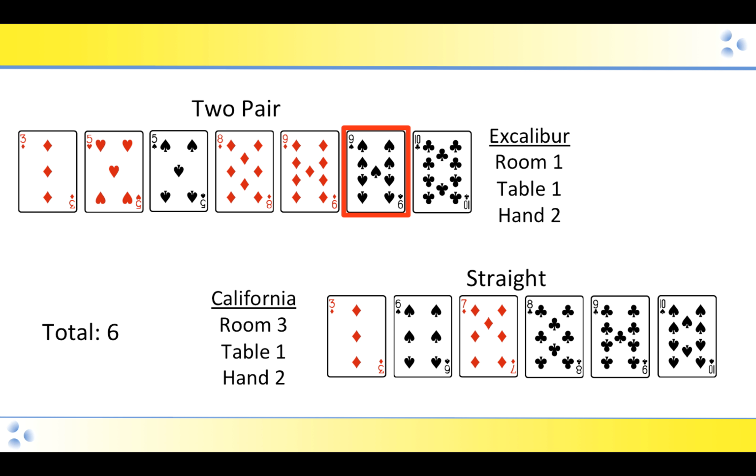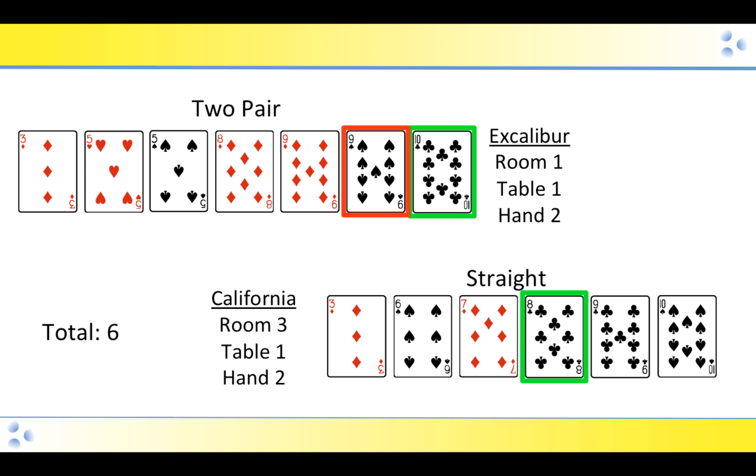It's a table card. And we're going to be trading between the Excalibur and the California casinos so that there's a little bit of transportation cost associated with moving between them. Right now, the score of these 2 hands together is a combined total of 6: 4 for the straight and 2 for the 2 pair.